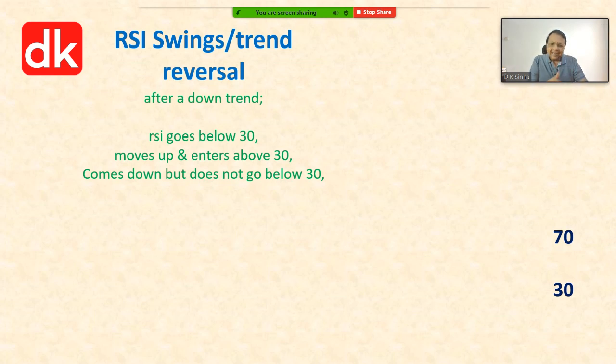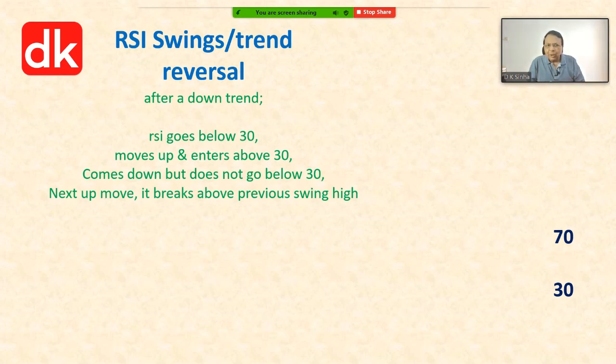And then friends, what happens? The next swing up of RSI will breach the previous swing high of RSI. What does it indicate? When RSI was showing a greater momentum on the downside, it was below 30. When buying action came into the market, RSI went above 30.